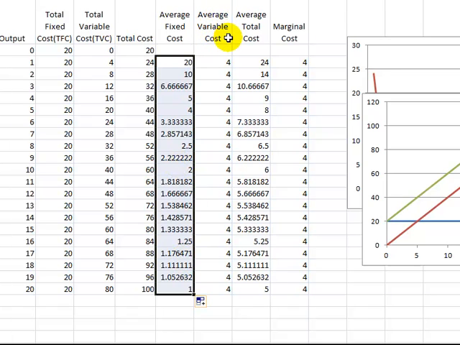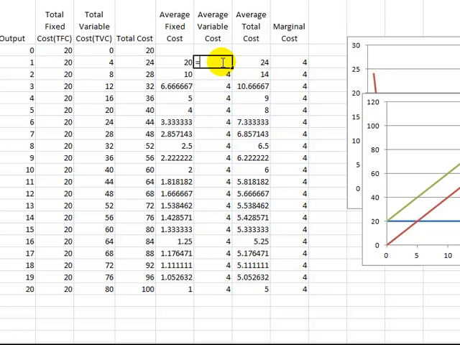The next one is the average variable cost. We get the average variable cost by dividing the total variable cost by the output. So average variable cost equals total variable cost, this one, divided by quantity of the output.